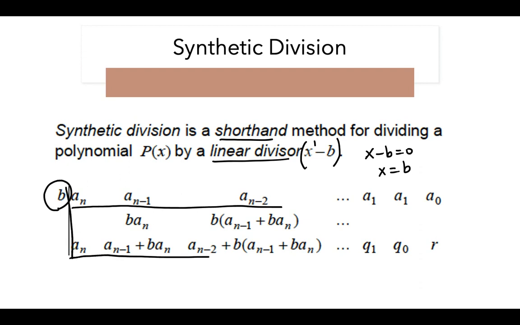And then the first coefficient comes down. Then you're going to multiply b times a, which comes over here on the next column, and you're going to add as you move along. Let me show you an example so you can apply this knowledge.